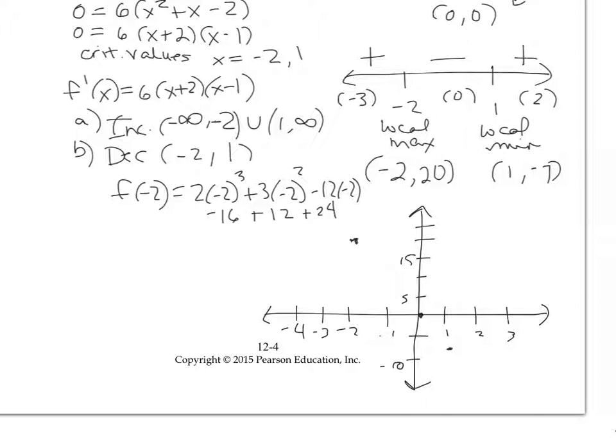And my end behavior was down on the left, up on the right. So here's what I know. This is going to come down here, and then we're going to cross through the origin and come down here and then go back up that way. And that would be a sketch of our graph.